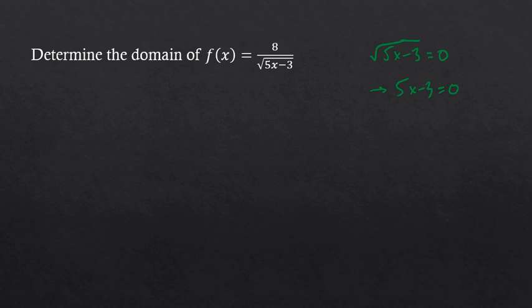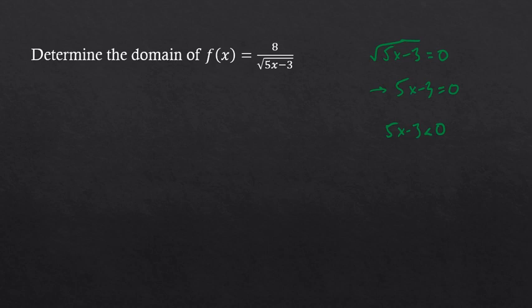I know that step 3 says that if I have a root of even index, I have to omit any x values that make what's underneath our root of even index negative. We do have a square root happening here on the bottom of our fraction, so I need to find also the x values that make 5x minus 3 negative.